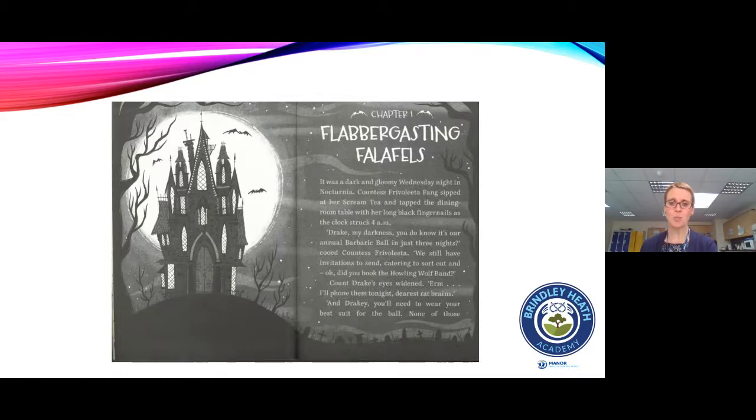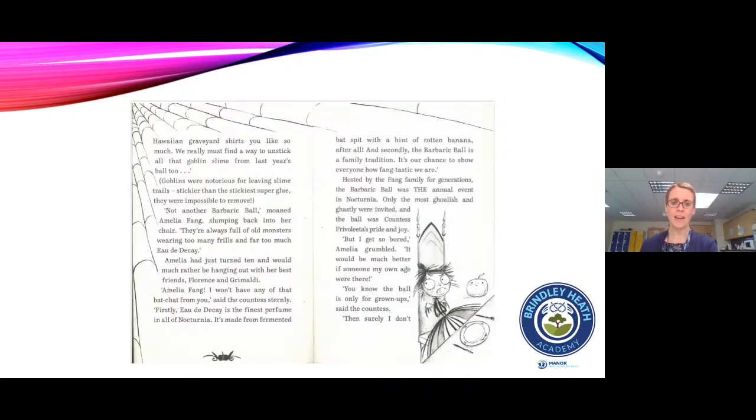Count Drake's eyes widened. I'll phone them tonight, dearest rat brains. And Drakey, you'll need to wear your best suit for the ball. None of those Hawaiian graveyard shirts you like so much. We really must find a way to unstick all that goblin slime from last year's ball too. Goblins were notorious for leaving slime trails, stickier than the stickiest superglue. They were impossible to remove.